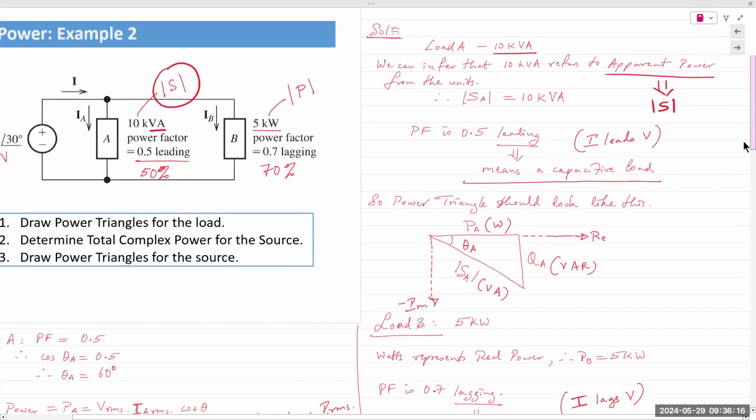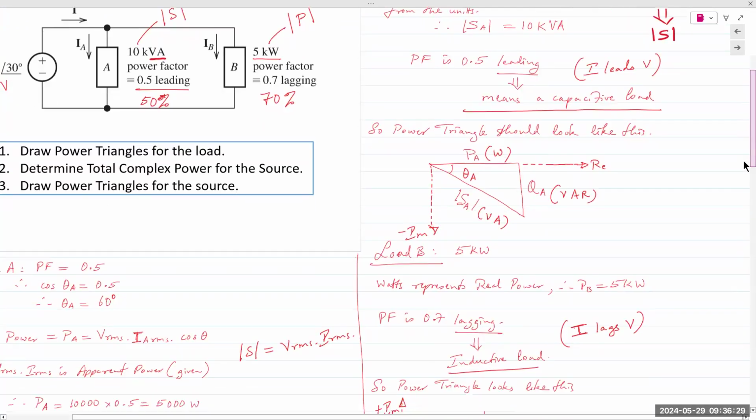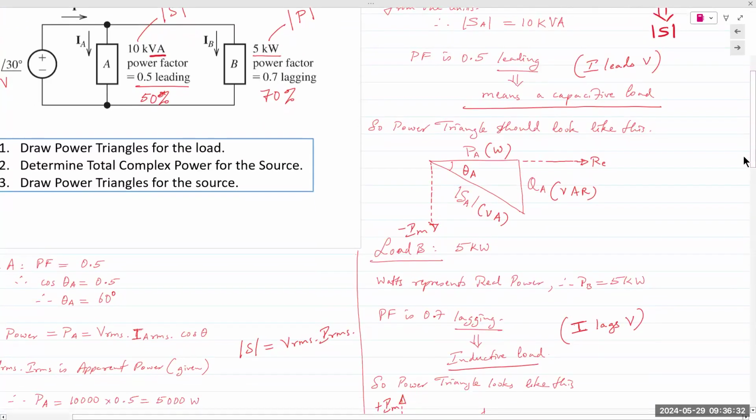Let's look at element B, or load B, before we come back to A. For B, we are given the power as 5 kilowatts. It's real power, or average power. So it could be a resistor, but there's a power factor in there. If power factor is in there, that means it's not a resistor.